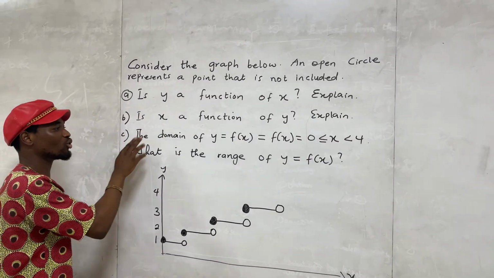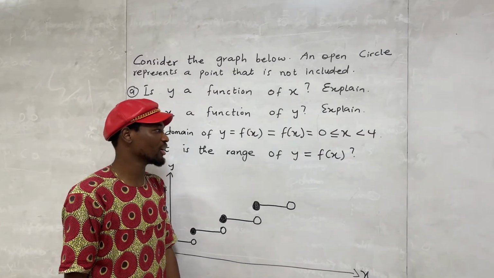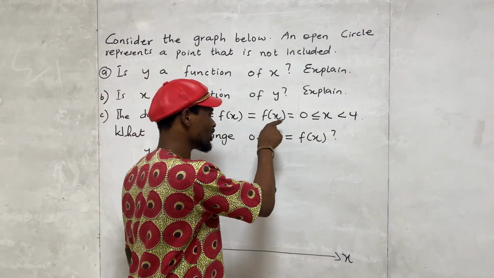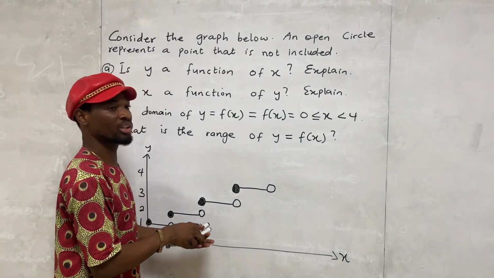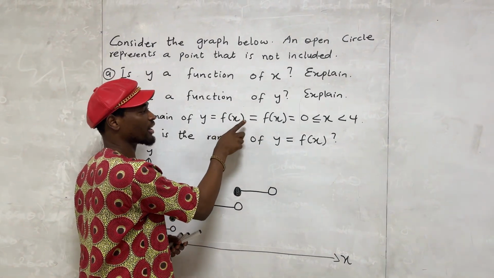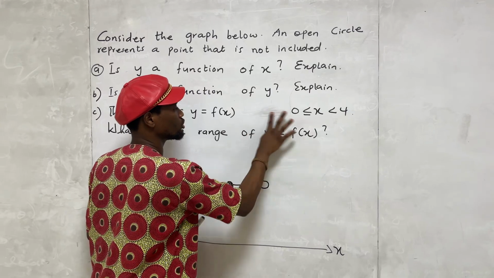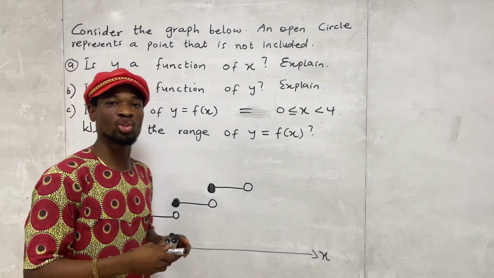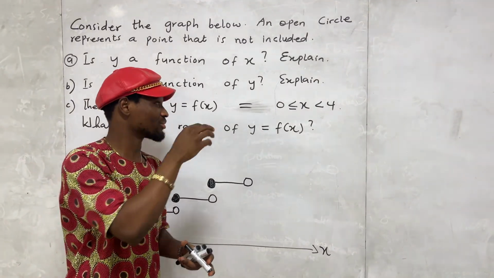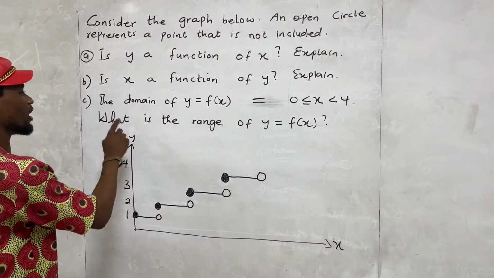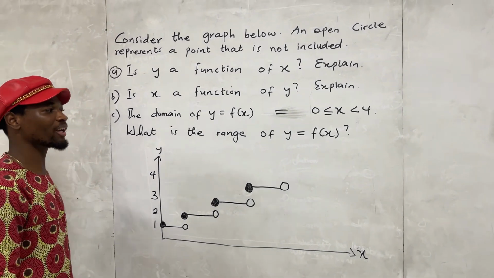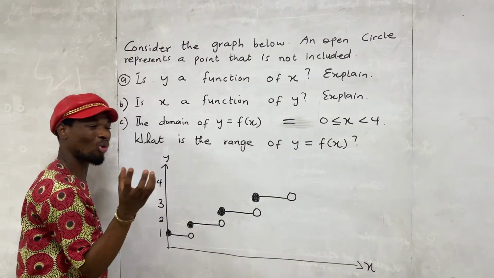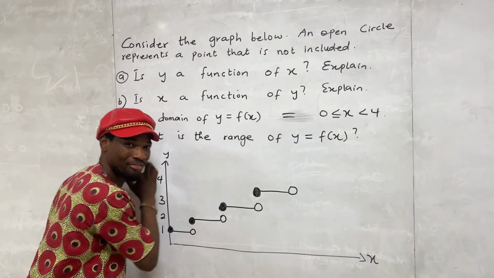Then the last one: the domain of y equals f of x, which is equal to 0 less than or equal to x, less than 4, and what is the range of y equals f of x? And we are doing this by considering the graph, right?